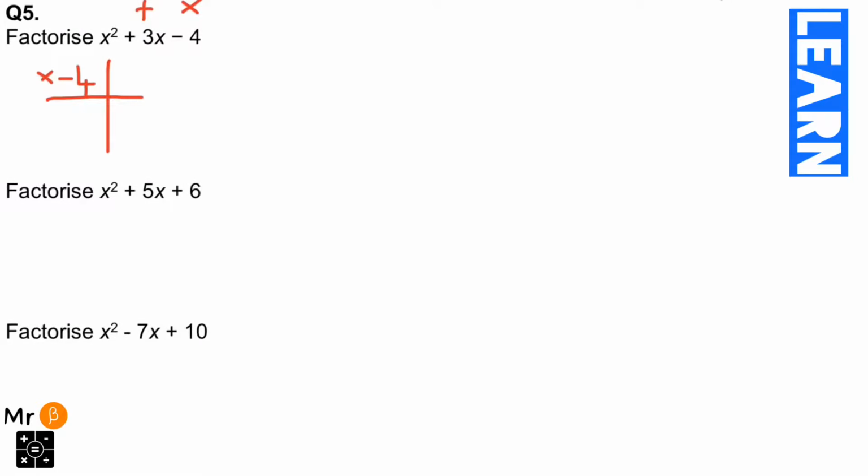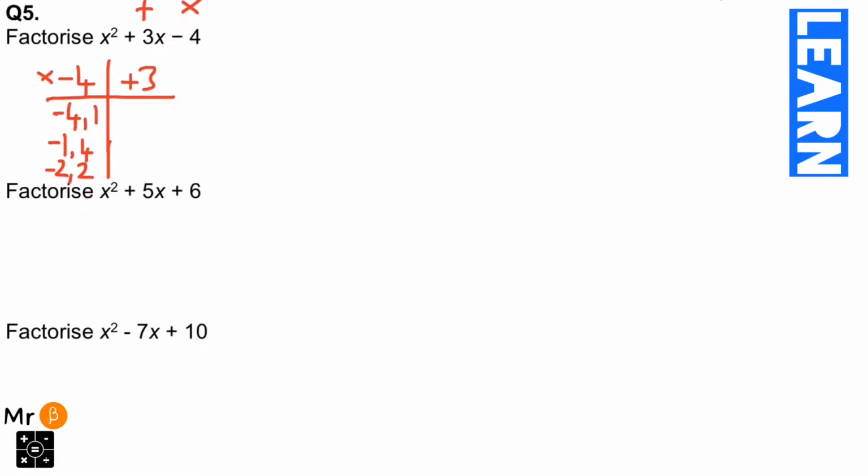So we're timesing to make -4, adding to make +3. I now write down my multiples of -4. So -4 times +1 gives you -4, -1 times +4, and finally -2 times 2. Now we go through and see which ones add together to give +3.